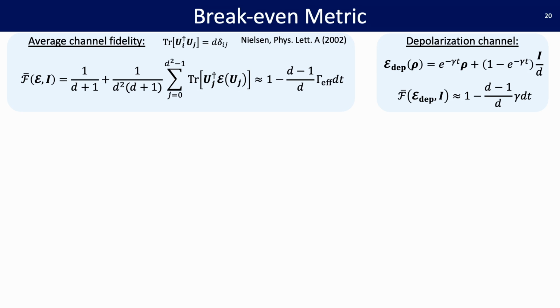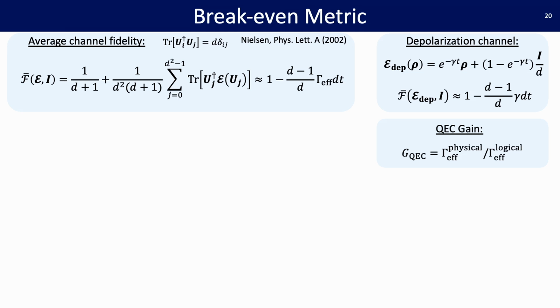And this allows us to compare on equal footing two different systems that may have very different qualitative decay channels. In particular, we're interested in comparing our best physical system to our error-corrected logical system. And this gives us a notion of quantum error correction gain. And when this is unity, we say we've reached the break-even point.